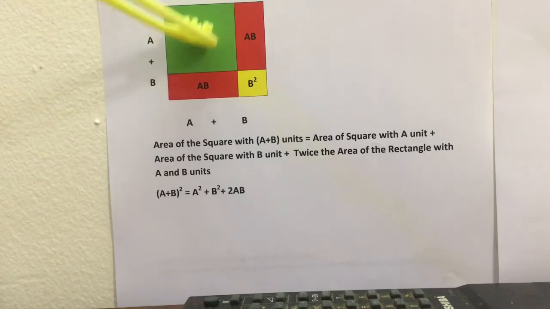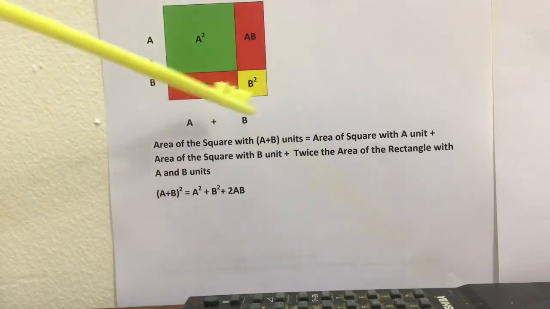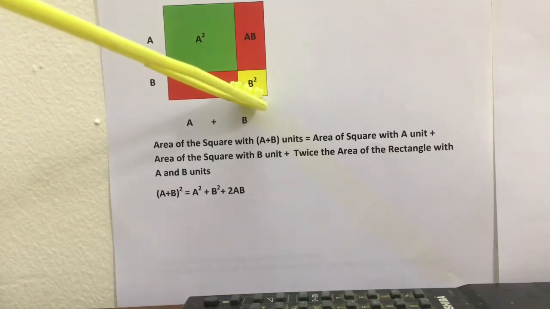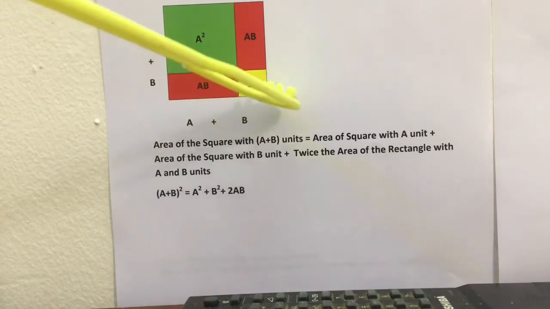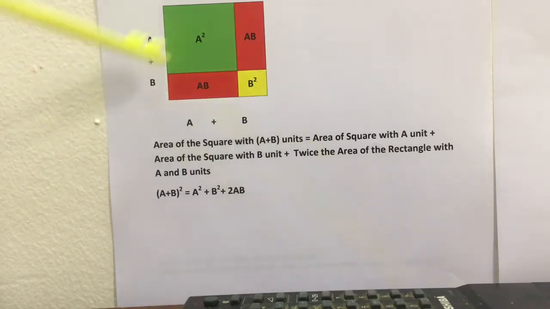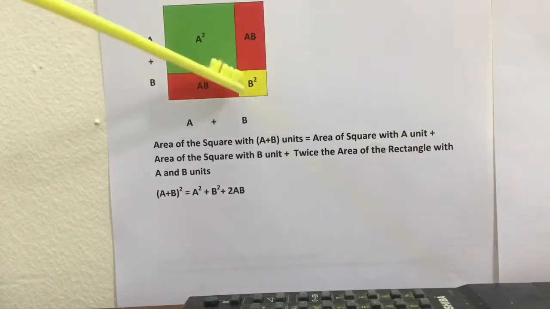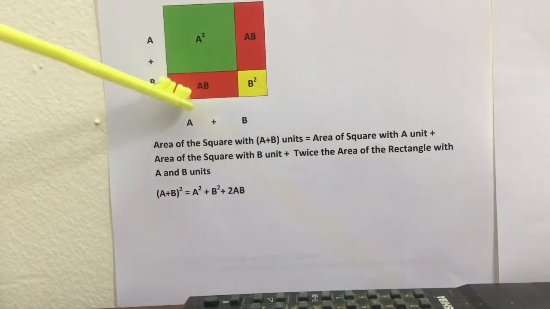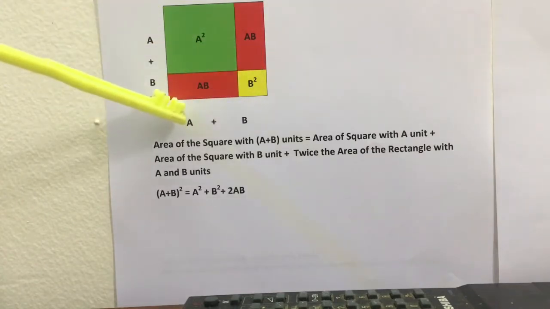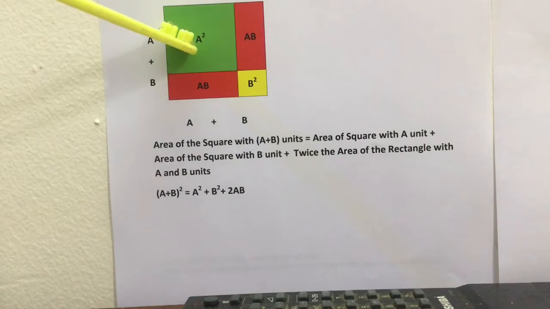First part is the square whose side is a, and another square whose side is b, and another rectangle whose length is a and breadth is b, and here the fourth rectangle whose length is a and breadth is b.